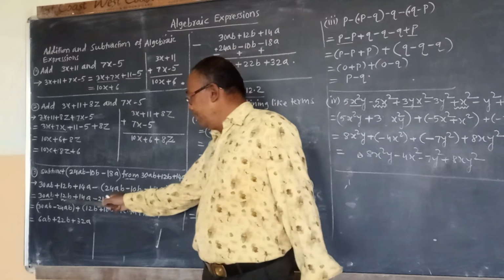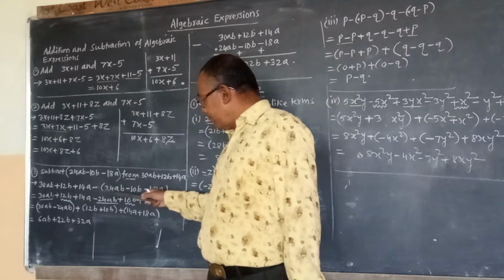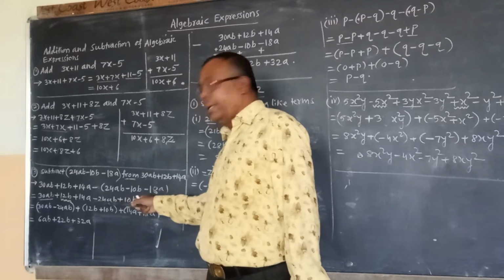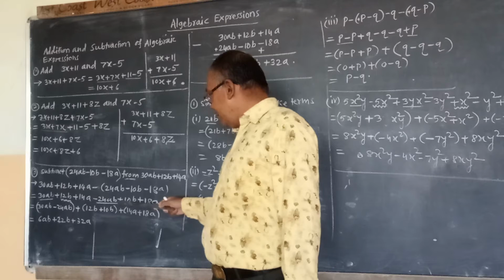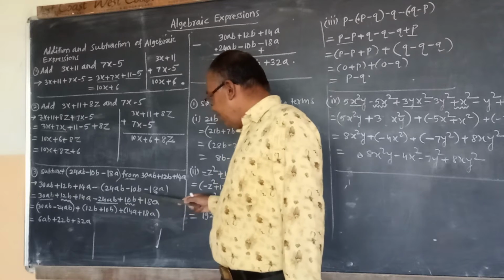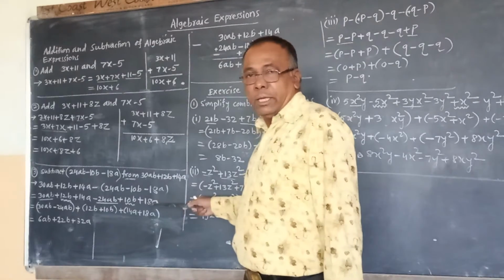So 30ab plus 12b plus 14a, minus 24ab, minus 10b will become plus 10b, minus 18a will become plus 18a.